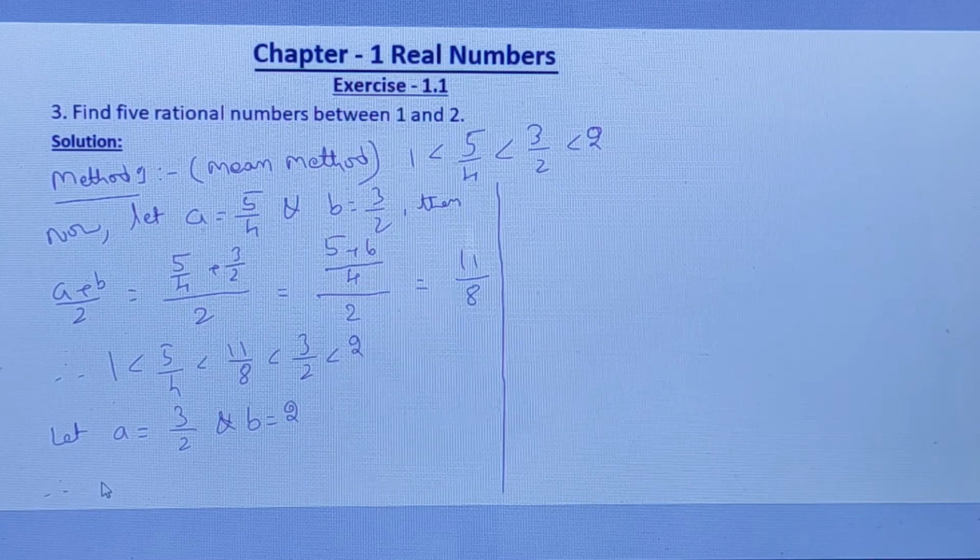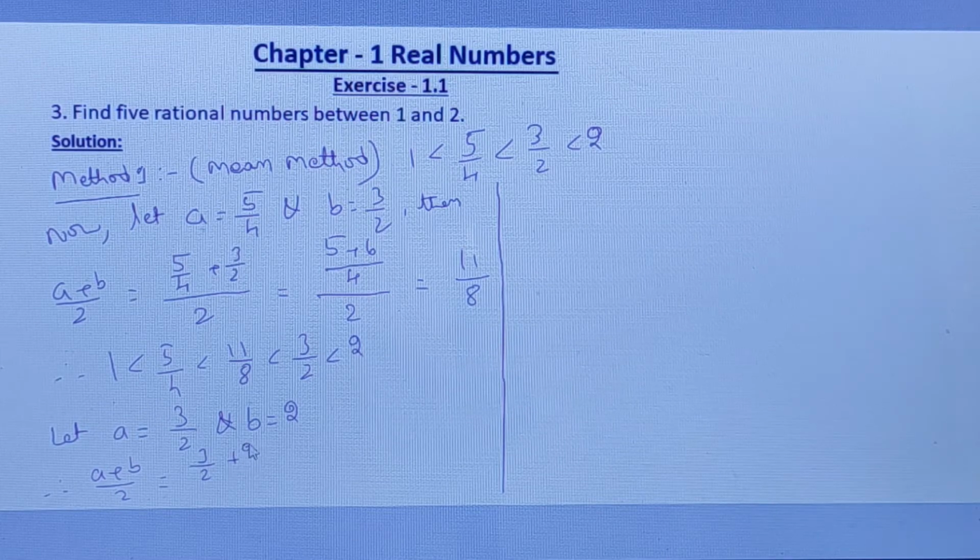Therefore, (A plus B) by 2 is equal to (3 by 2 plus 2) divided by 2. LCM is 2. So this is 3 plus 4 divided by 2, which is 7 by 4.